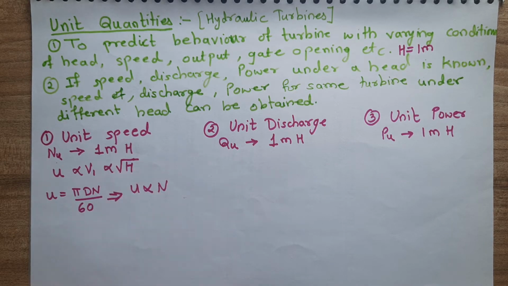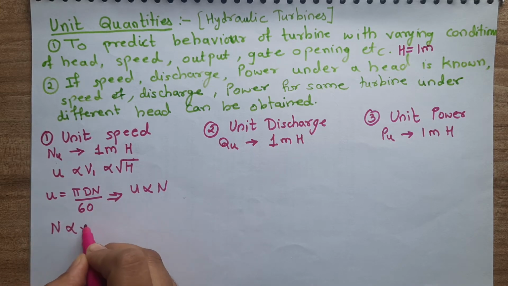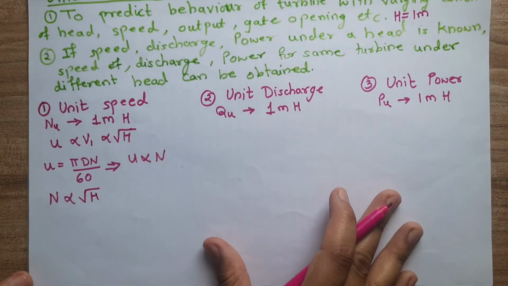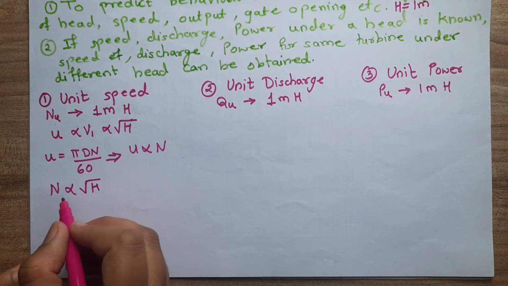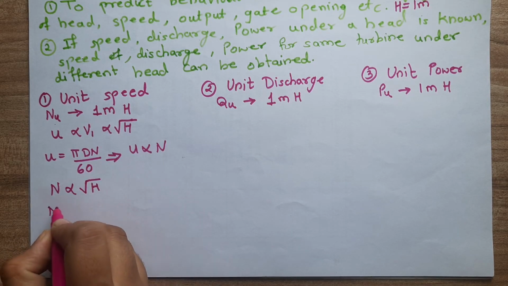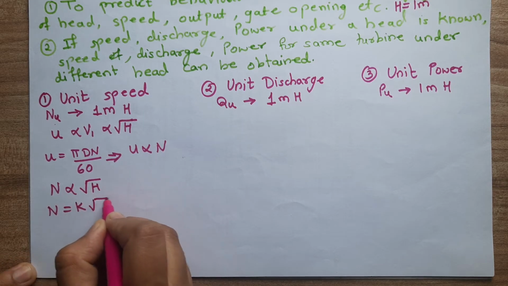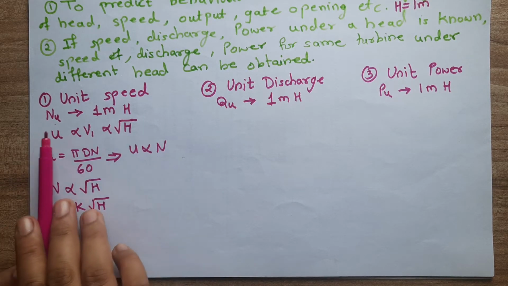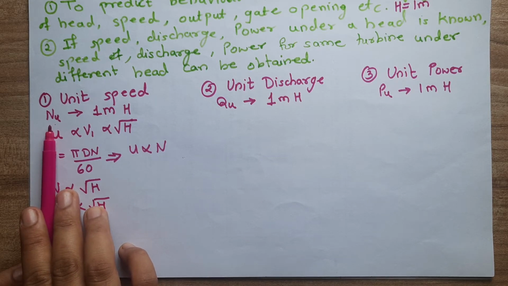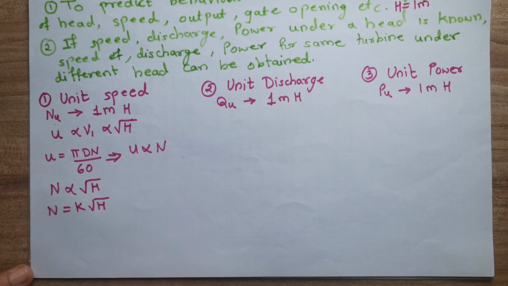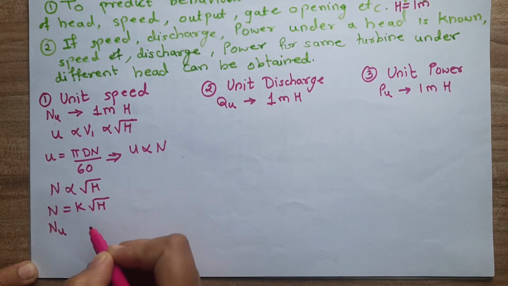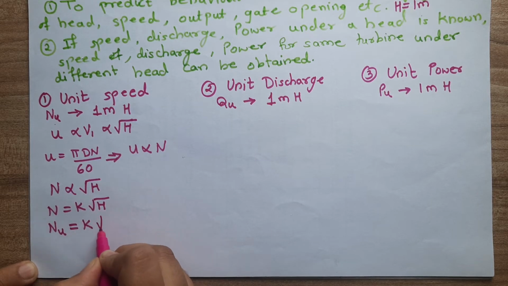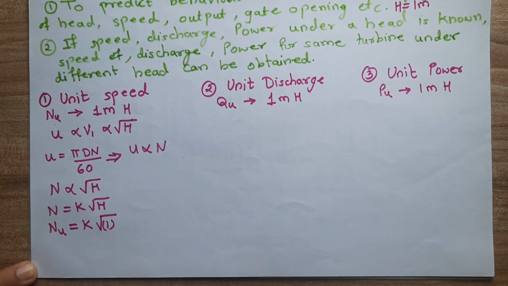Now we can compare these two and we can write that n is directly proportional to under root of H. Remove the sign of proportionality and we can write n is equal to k under root of H. But we know that n is equal to NU when H is equal to 1 meter. So we can write NU is equal to k under root of 1.